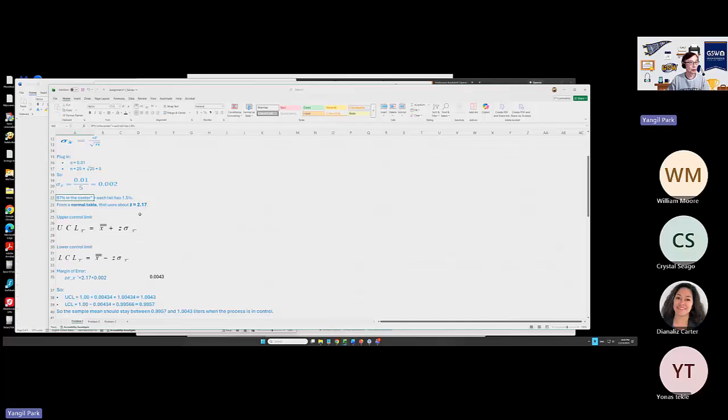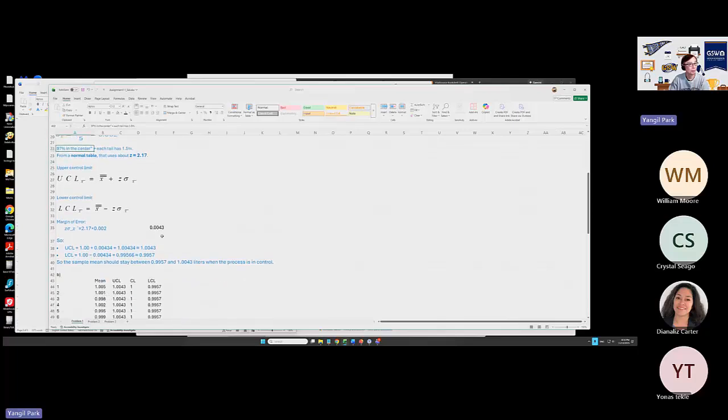The reason we need the z-score is so that we can plug it into the upper control limit and lower control limit formulas. Again, this is given in the textbook. The x bar is 1, which is the same as the mean, then plus z-score times the standard deviation.